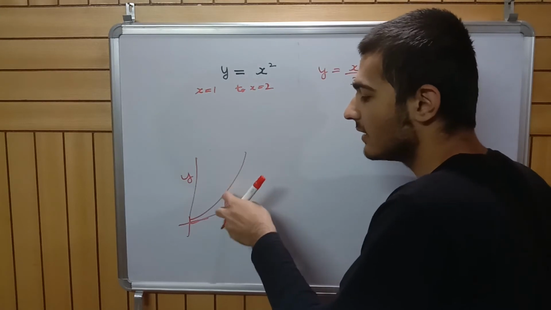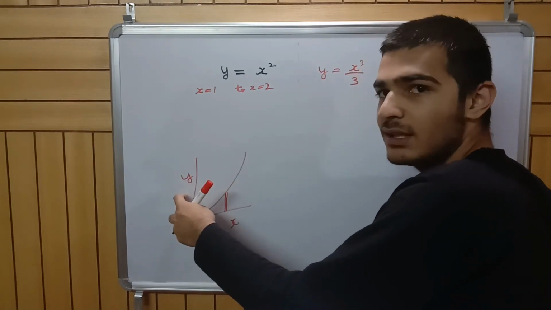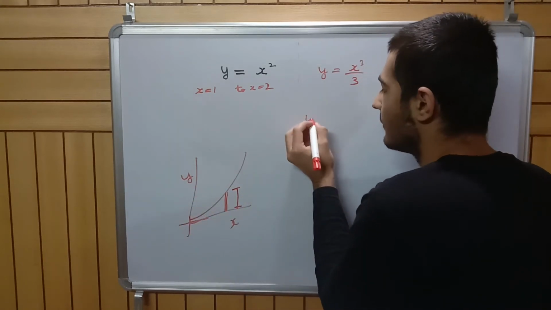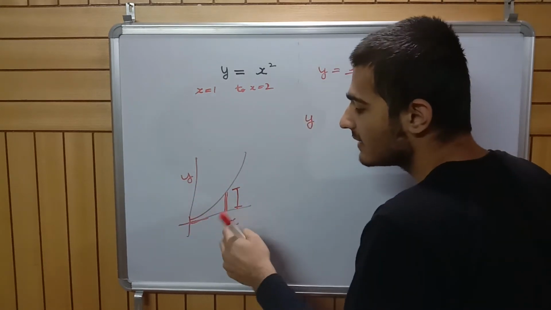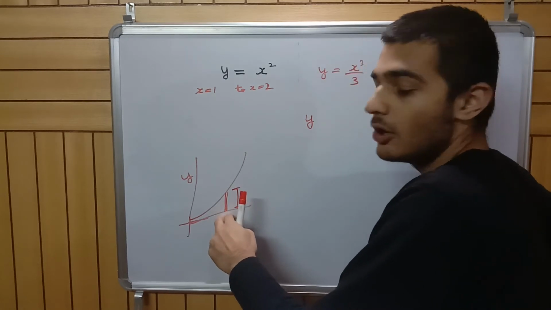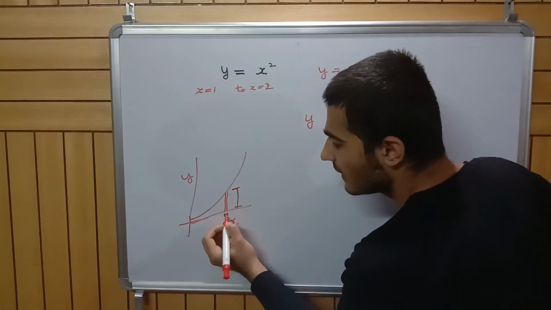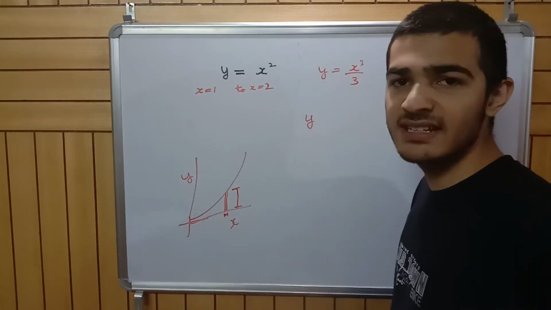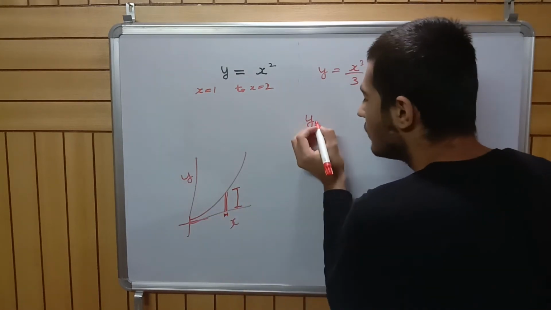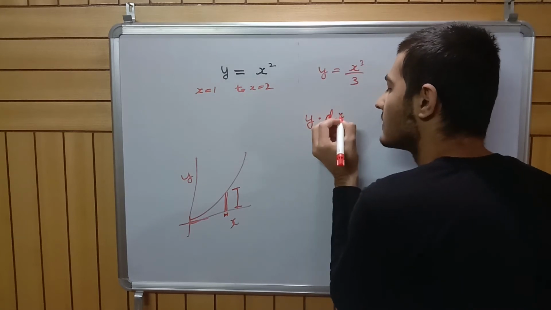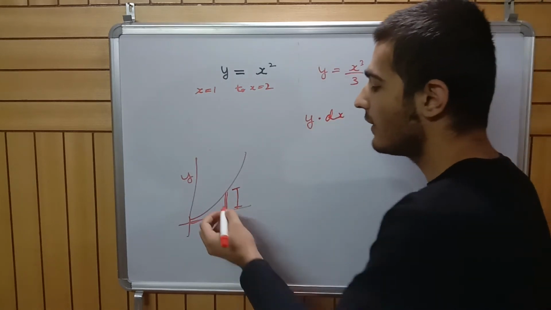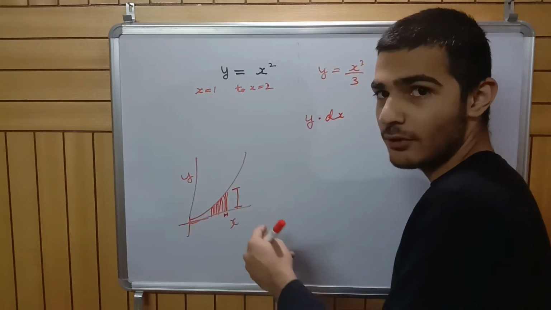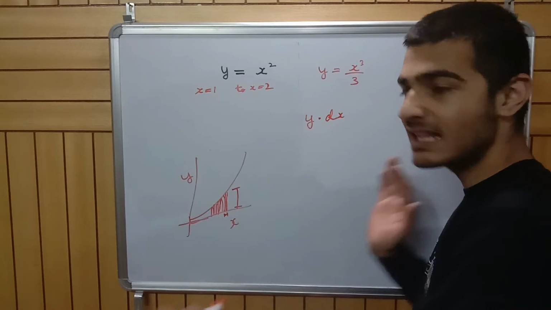The height of this small rectangle is the y value, so we write y there, times the width of this rectangle, which is this small change in x. How do we represent the small change in x? dx, right? So we multiply this with dx. That is one rectangle. Now we had many such rectangles, right? We had to find the area of all of them and then integrate them, add them up.